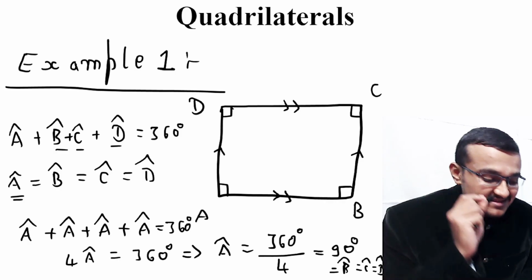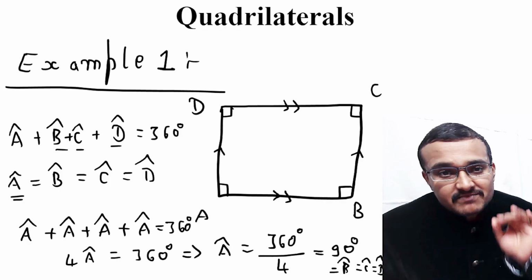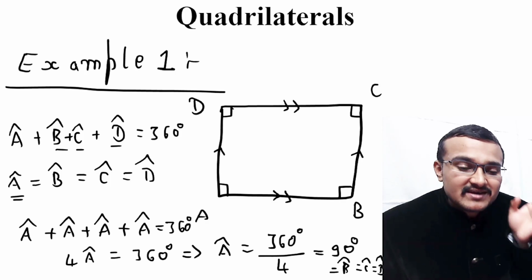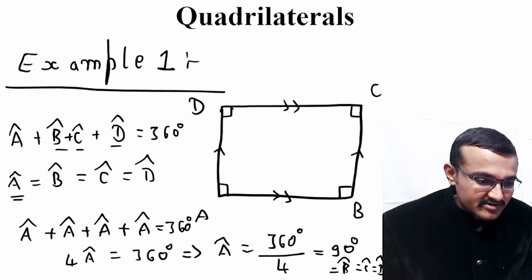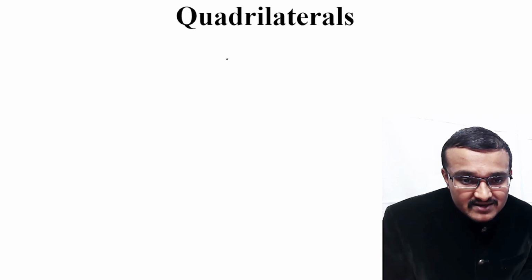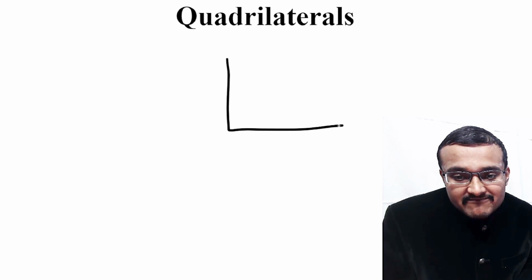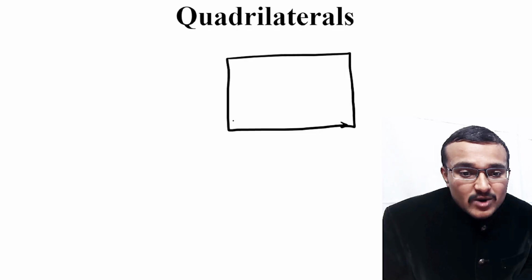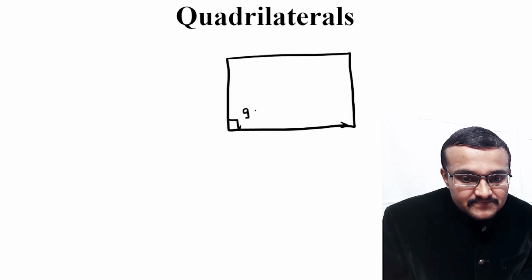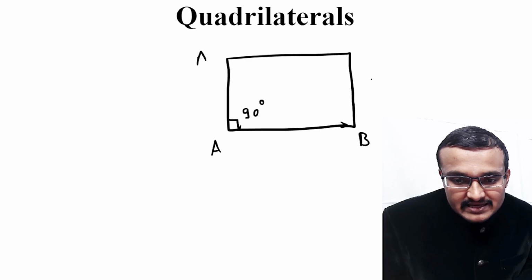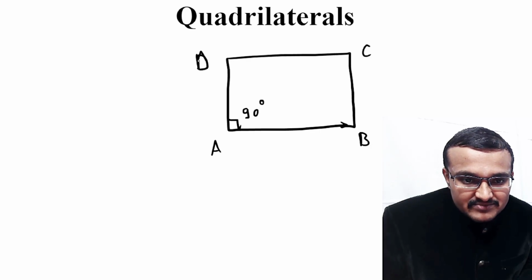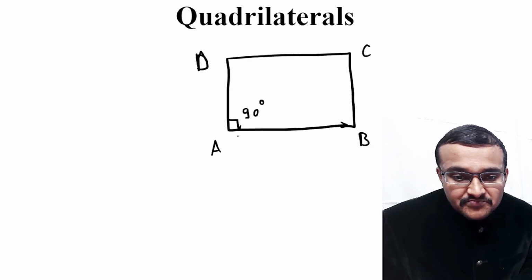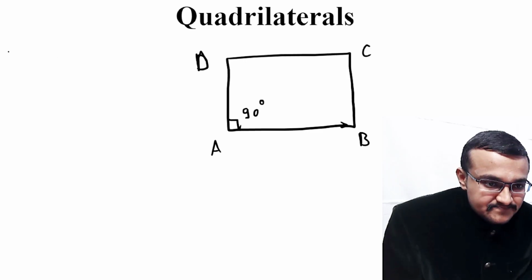But in this example, you have to use the properties of parallelogram and then prove this example. If you have to do that, then you have to construct a figure in which one angle is equal to 90 degree. That is, this particular angle is equal to 90 degree. So if we consider ABCD, where angle A is equal to 90 degree.